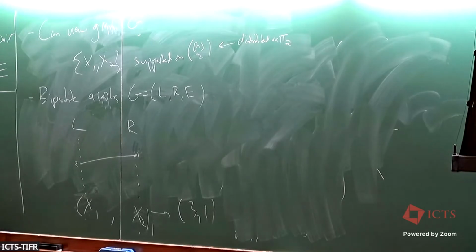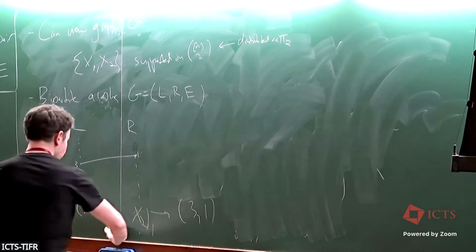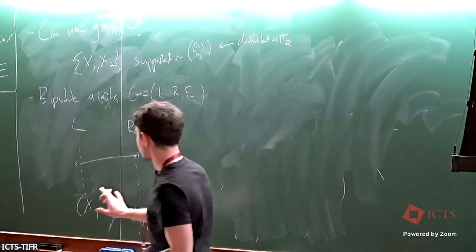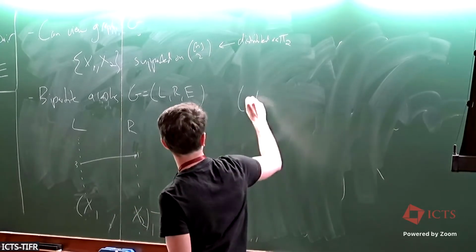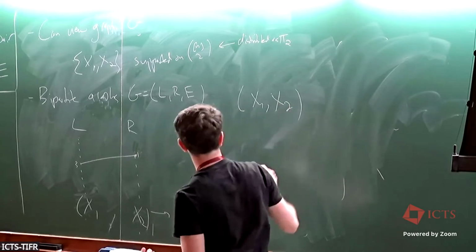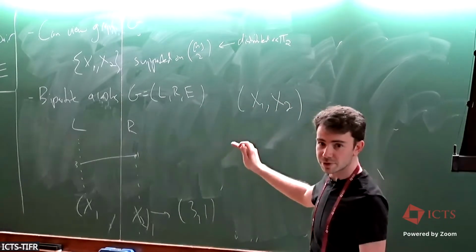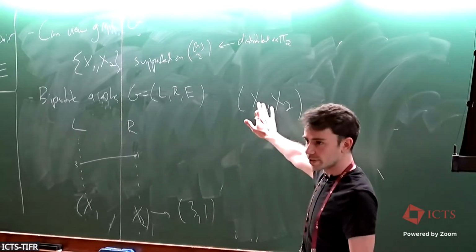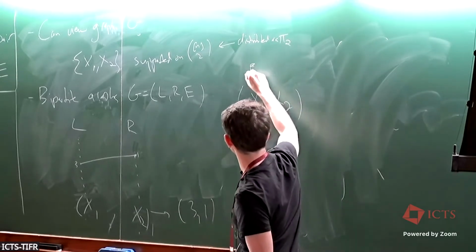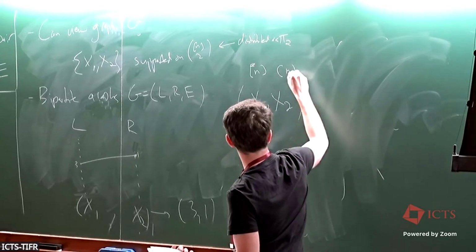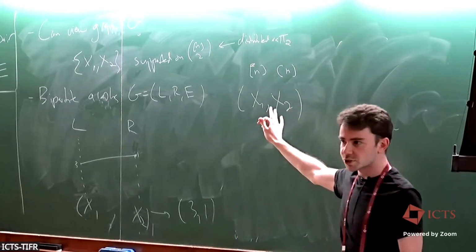What did I want to say? I just wanted to say we can view these graphs as sort of true two-dimensional random variables, right? And this connection also goes both ways. If you just give me a two-dimensional random variable that's supported over some finite set, say both of these are supported on n, then this also corresponds to a weighted graph.